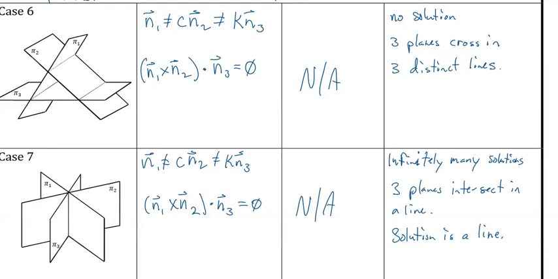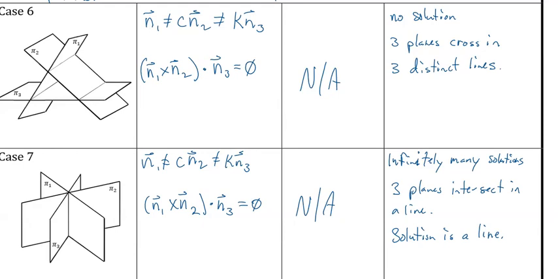So for every other case, without doing any real work, just by looking at normals and the triple product, you will know which case you're in. Are you 1, 2, 3, 4, 5, 6, 7 together, or 8? So if we ask that question on a test, that's what you would have to conclude. Which of those 7 possibilities you are, because you can't distinguish between case 6 and case 7 without solving.